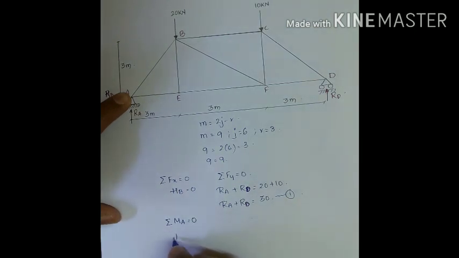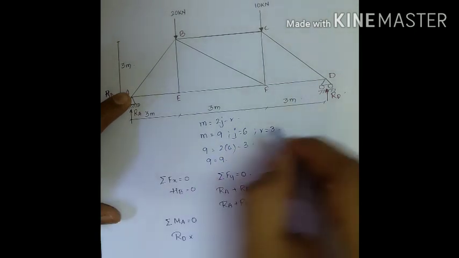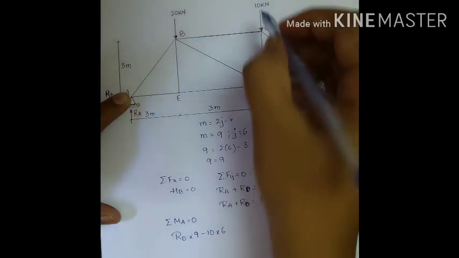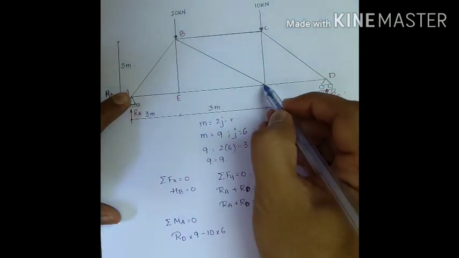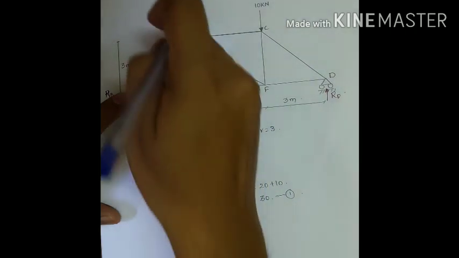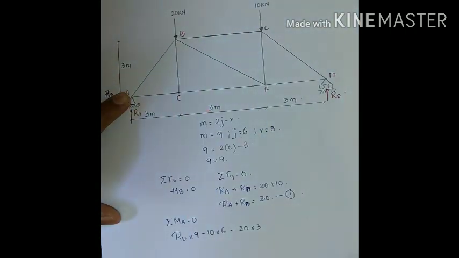Now RD into distance is 3 plus 3 plus 3, so total it is 9, minus 10 into 6, this 10, the perpendicular distance is 6, minus 20 into 3, this 20, the perpendicular distance is 3, is equal to 0.